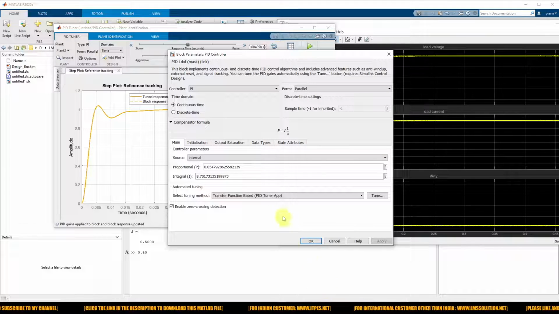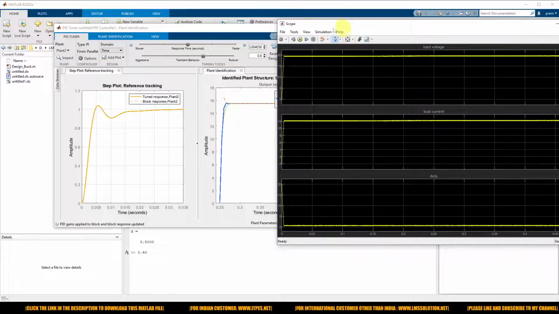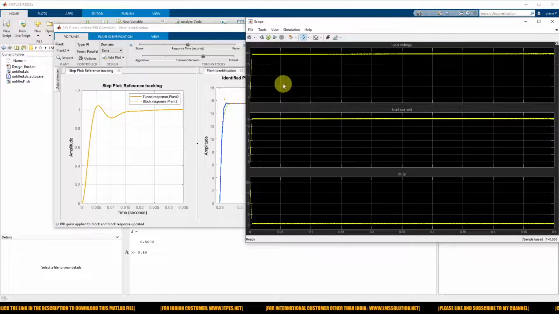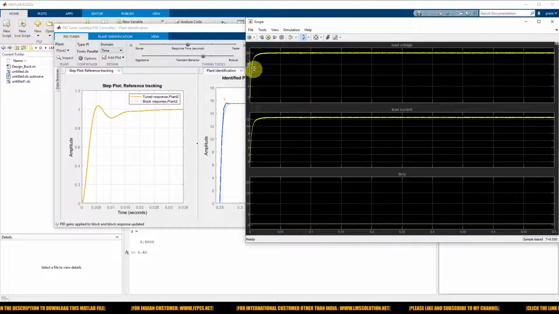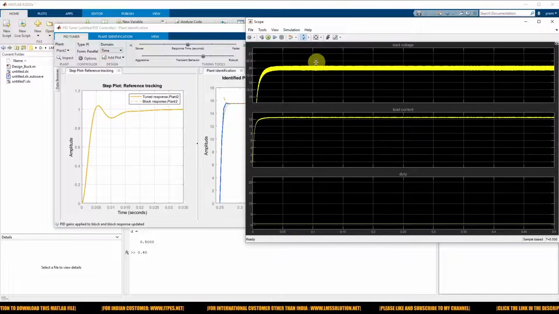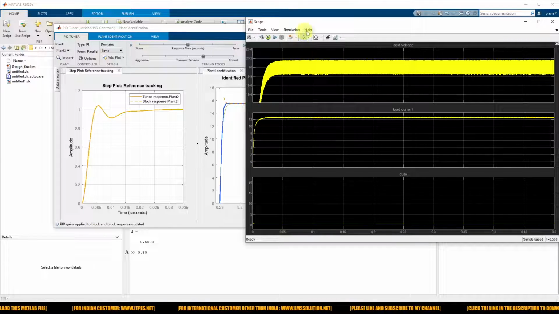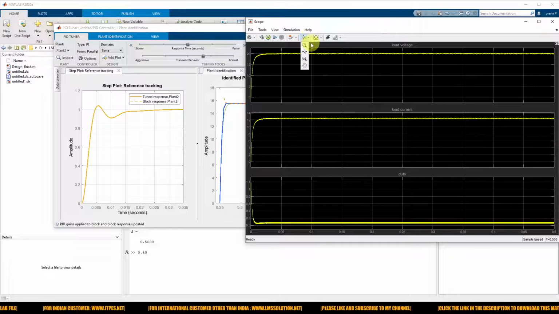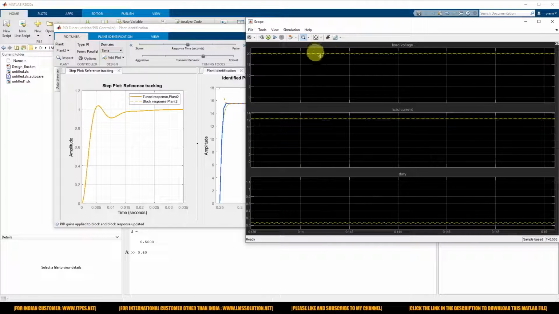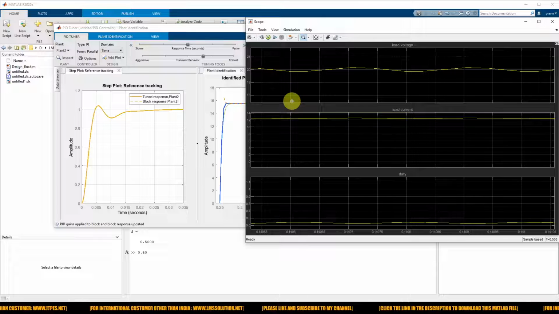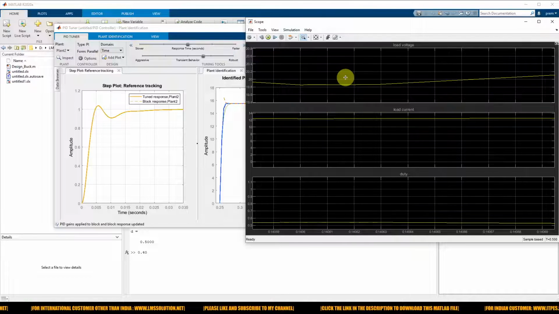Here I already updated them. I'm going to click OK, and then check the response now. We can see that the response goes to 20 volts. It oscillates only around 0.1 volt, between 19.9 and 20.1.